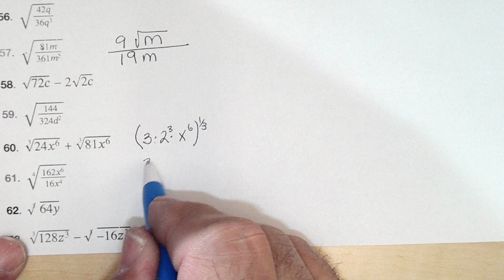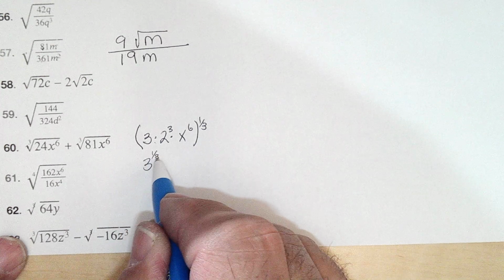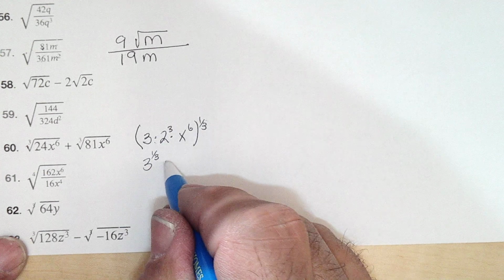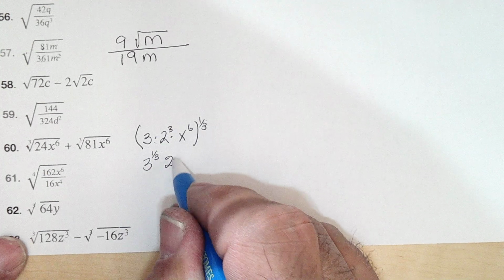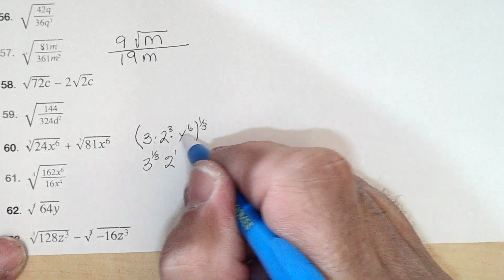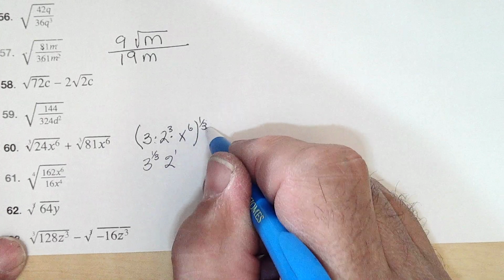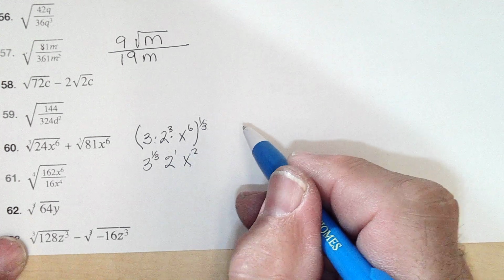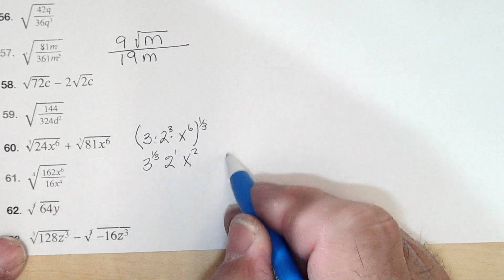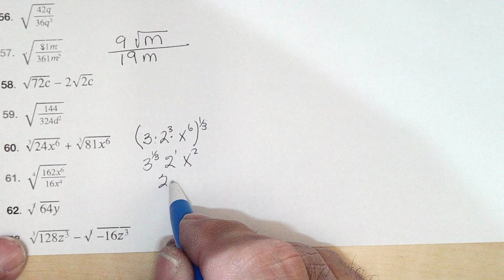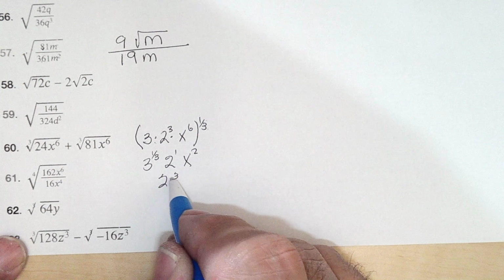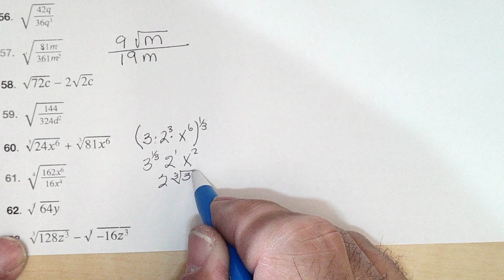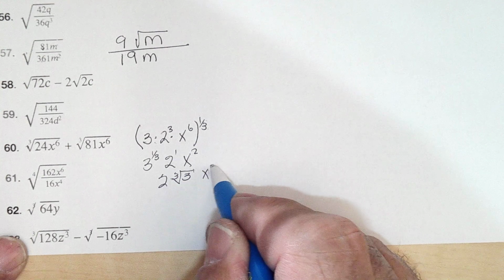So we got 3 to the 1/3, 2 to the 3 times 1/3, which is 2 to the 1, and x to the 6/3, or x squared. So we got 2 cubed root of 3, and then outside of the cube root, an x squared.